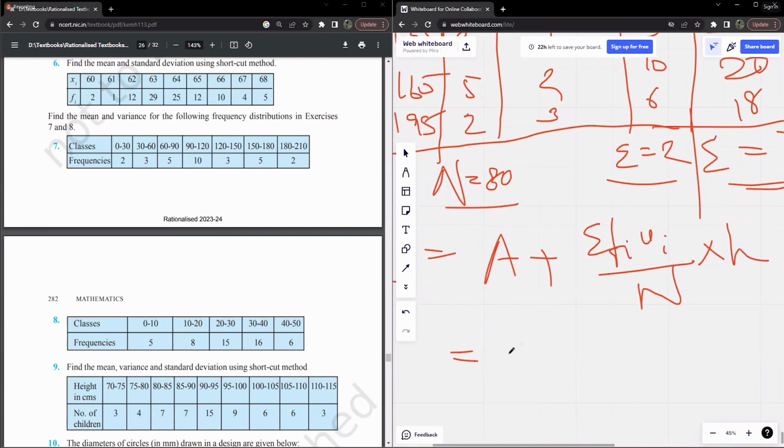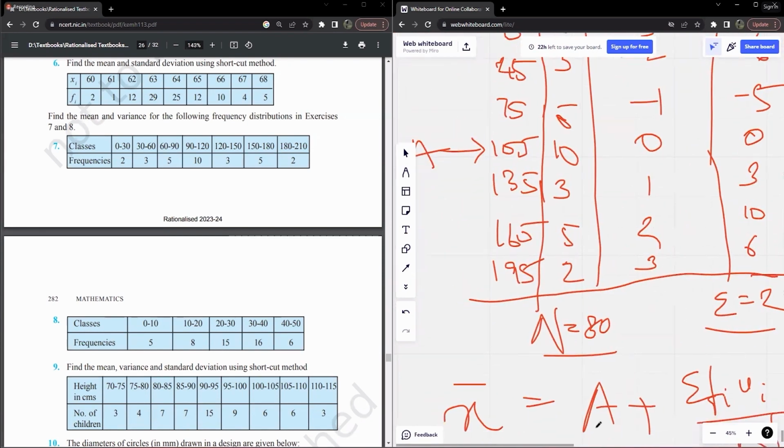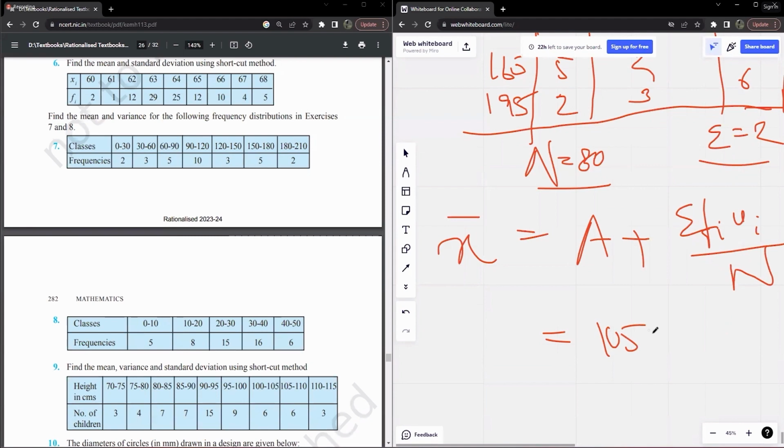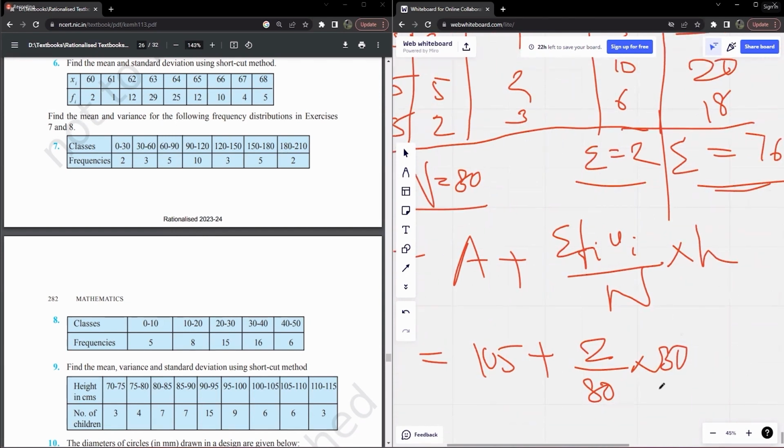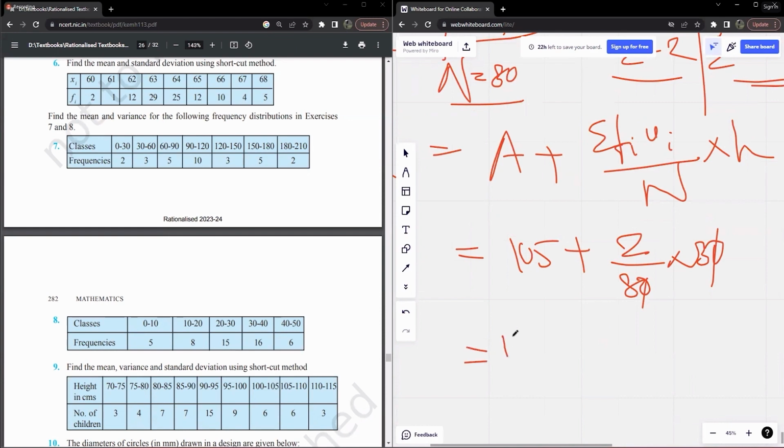Which is my assumed mean 105 plus this is 2 divided by 18 times 30, which is 6 by 8, which is 0.75. So my actual mean is 105.75, because this is 0.75, 2 times 3 by 8.